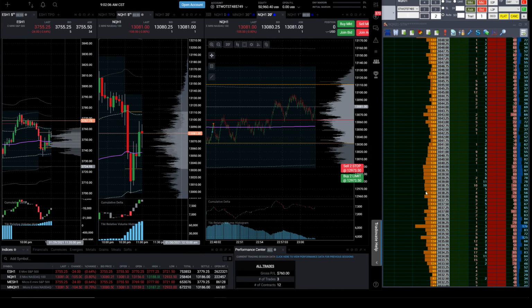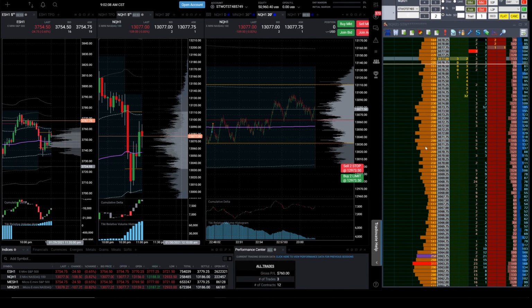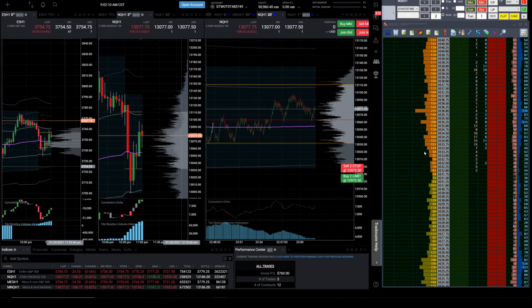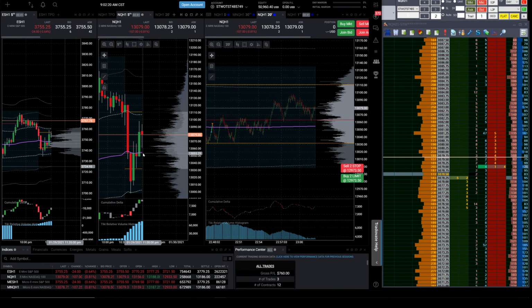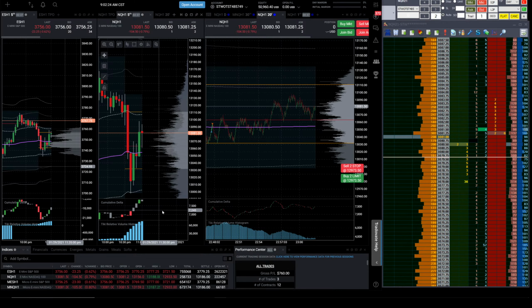And we were never able to get down there and figure out where that is, were we? Value area low is 31.75. Yeah, close. Yeah, close.